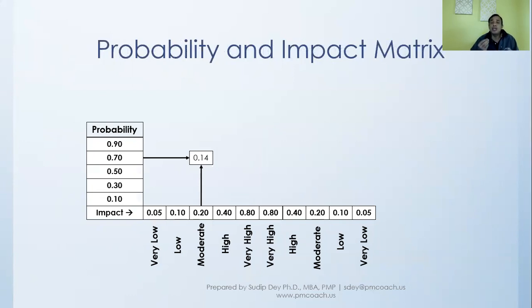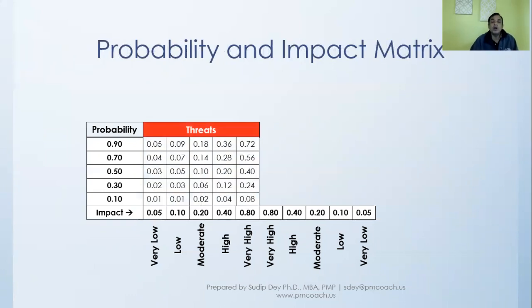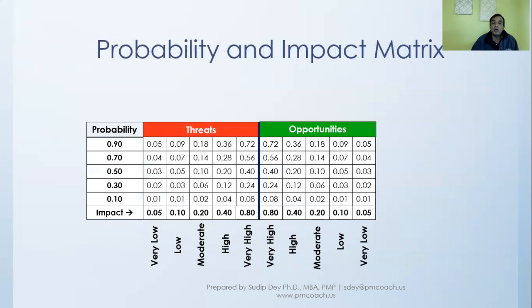What we do is get the overall score by multiplying probability times impact, and that gives us 0.14. So we create this table by calculating all the cells on the threat side. Similarly, on the opportunity side.